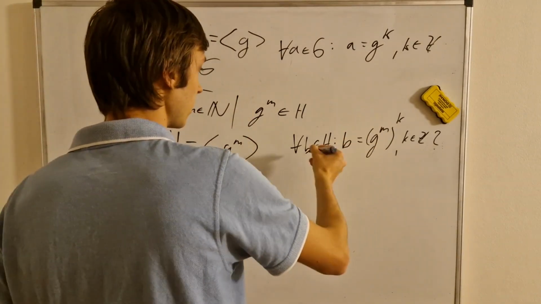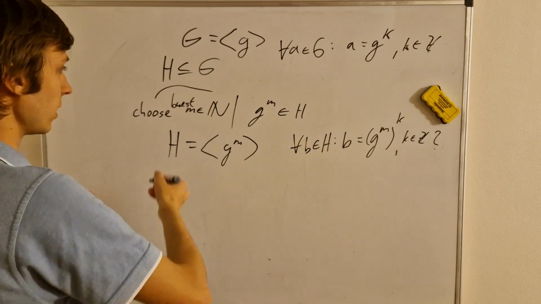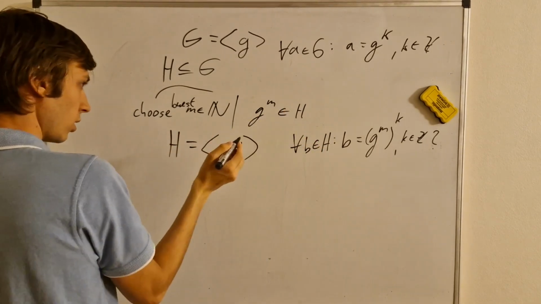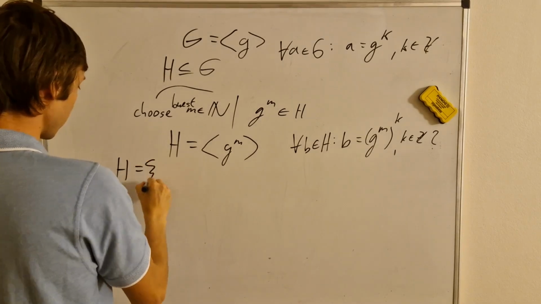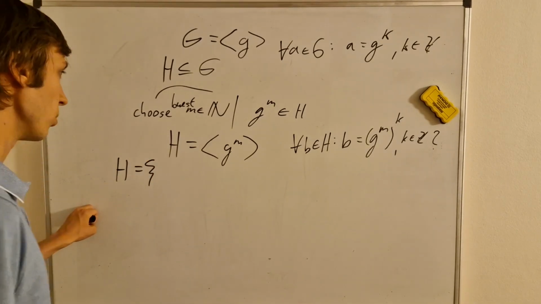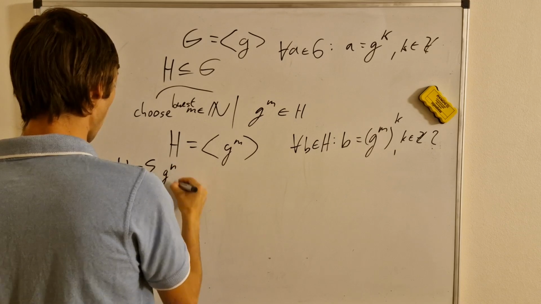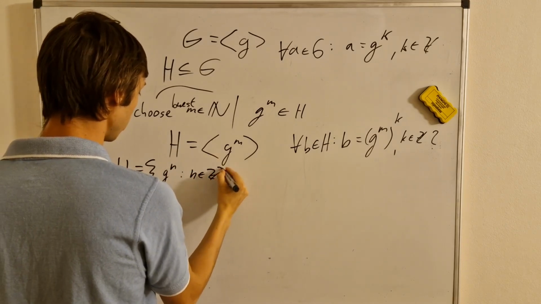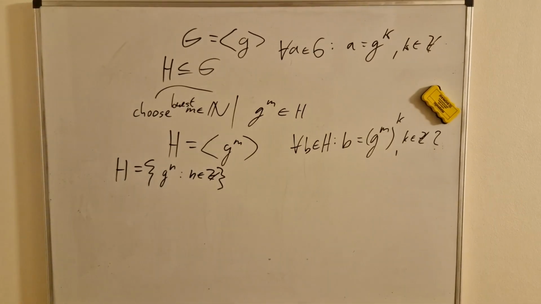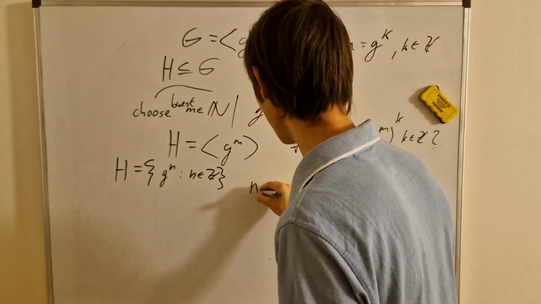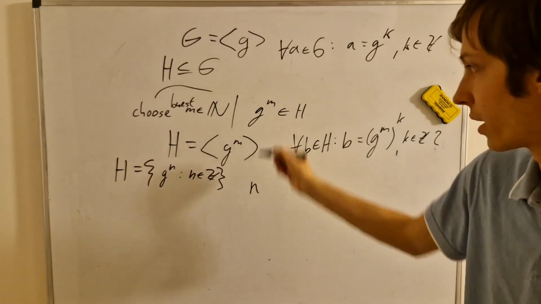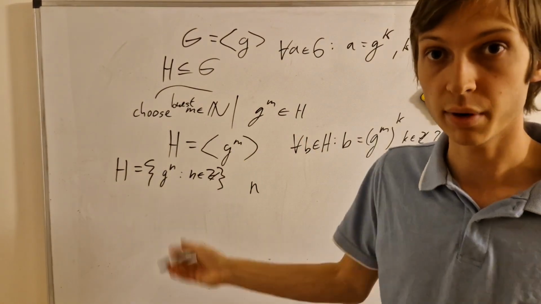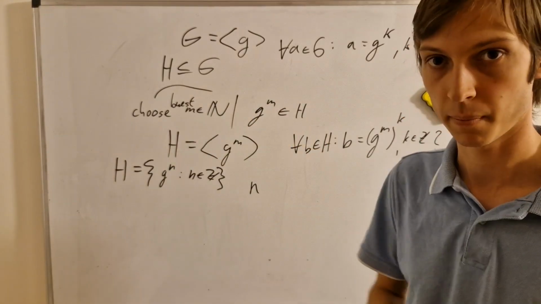Let's say we call the elements of H, the element set of H, G to the N, where N is in the integers. And so that means we now want to see if those N's are multiples of M. Are they integer multiples of M?